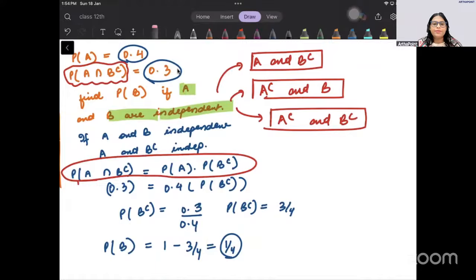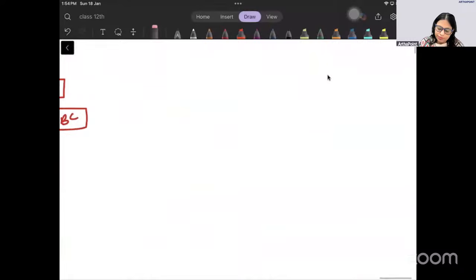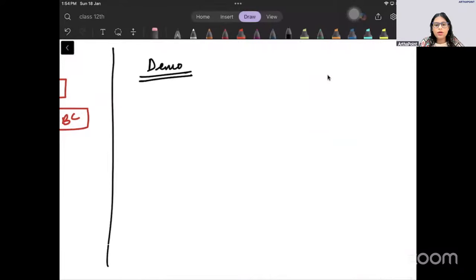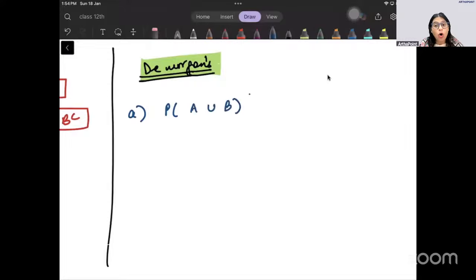Okay, ठीक है. Now we will go ahead and we will move on to De Morgan's theorem. De Morgan's theorem में पहला theorem है that probability of A union B का complement is A complement intersection B complement.